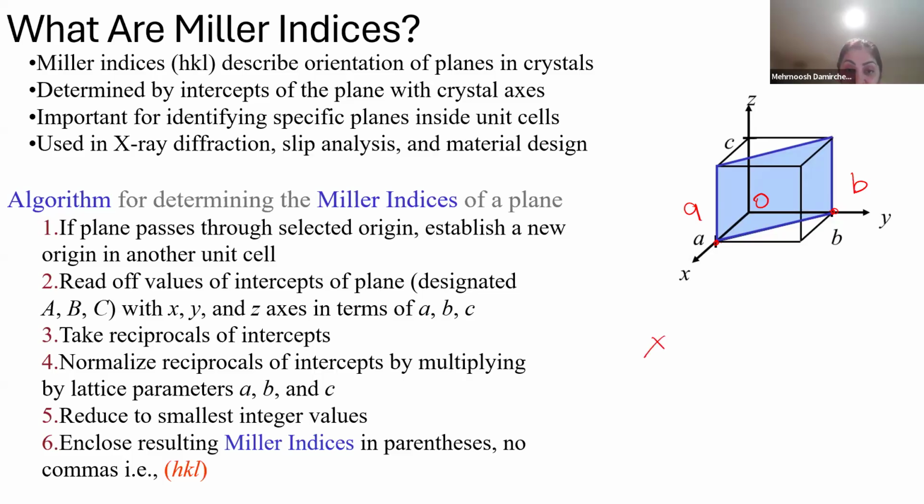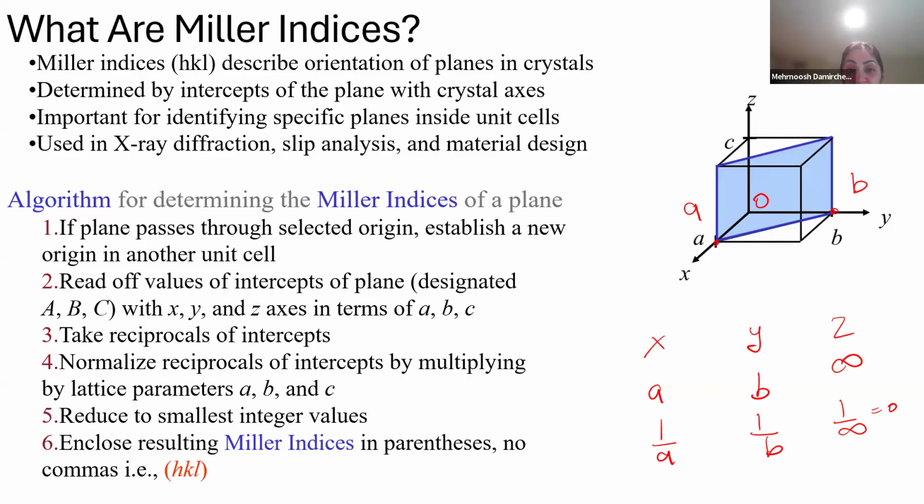So x-intercept is A, y-intercept is B, and z-intercept is infinite. The next step, take the reciprocal of the intercepts, such as 1 per A, 1 per B, and 1 per infinity, that is 0.